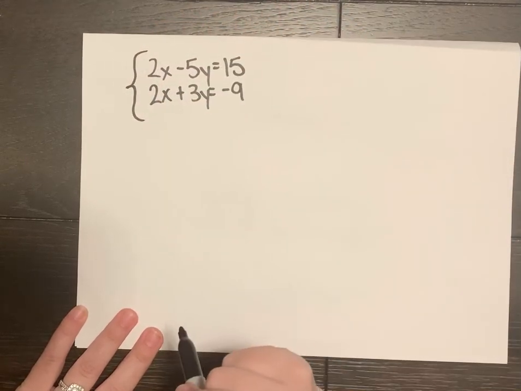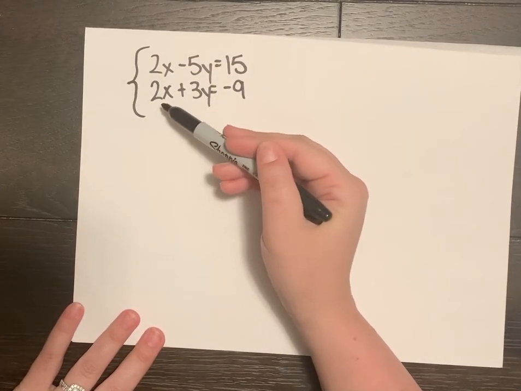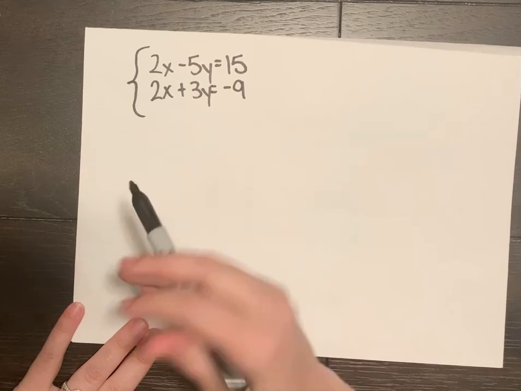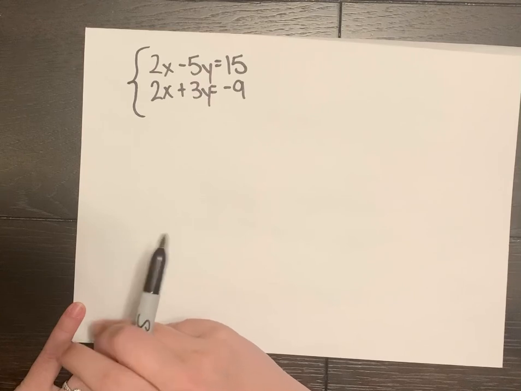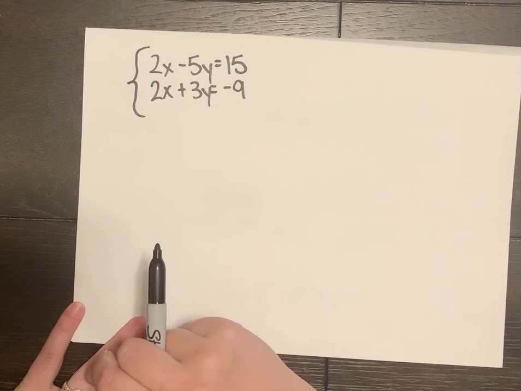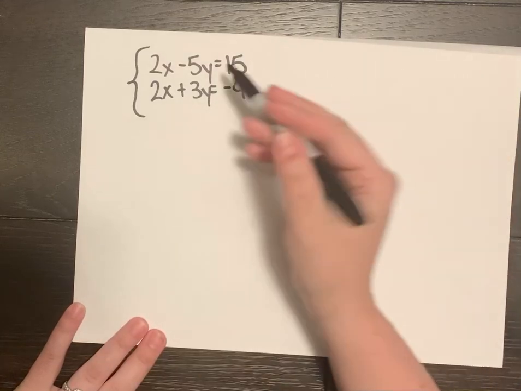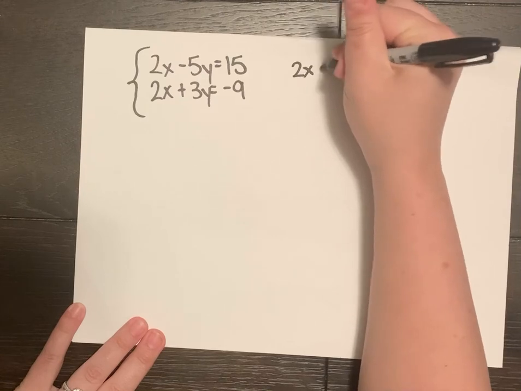Okay, now, so you'll notice that the terms 2x are common to both equations, but to eliminate them, it's necessary to subtract one equation from the other. So this means that the signs of one equation will change. So here, we're just going to take the top equation, leave it the same.